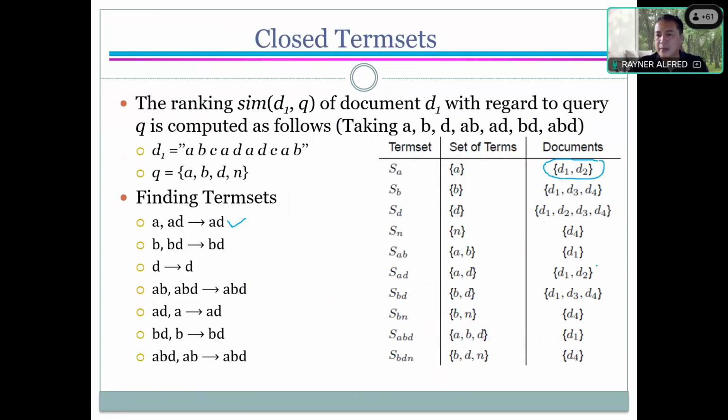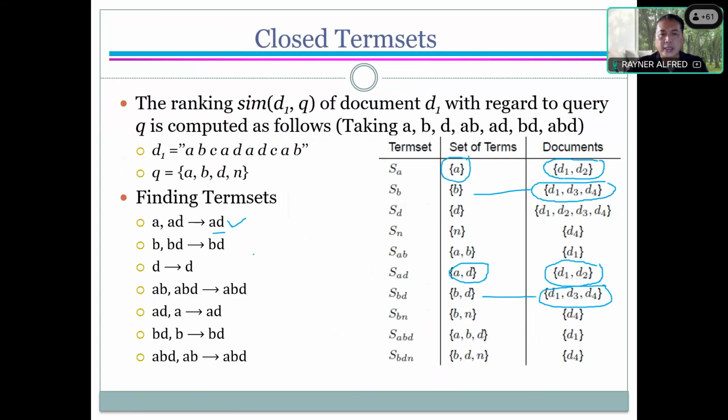And the same pattern is this one, right? So when we combine this and this, then we get this. So the term set is AD. So we always look at the document first. So this one is this partner with this. Okay.